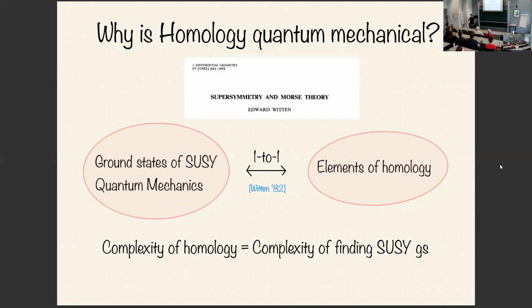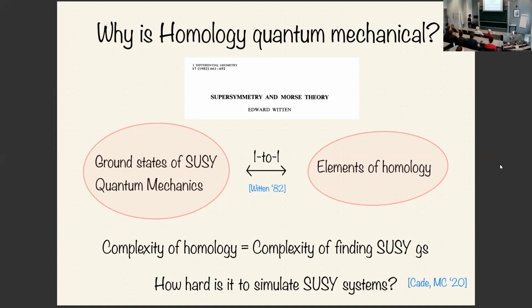I won't go too much into what a supersymmetric system is, but let me just say that it is a system that has a special kind of symmetries. Physicists like it because you can usually solve things. So if you knew the complexity of finding supersymmetric ground states, then you know the complexity of homology, and vice versa.